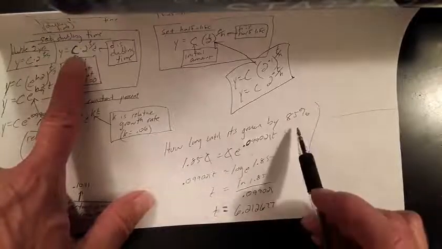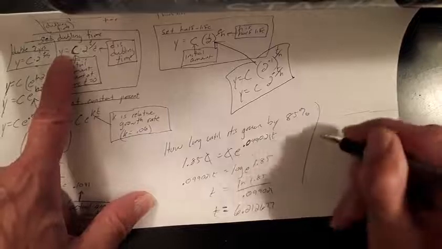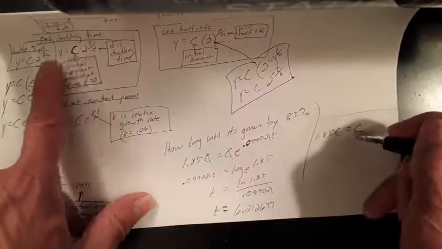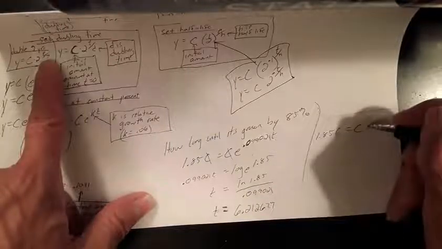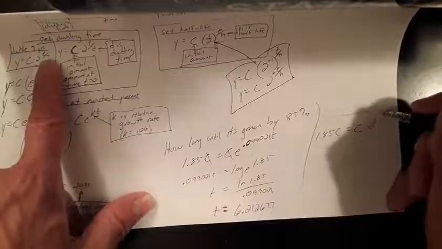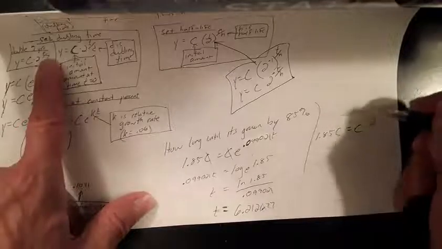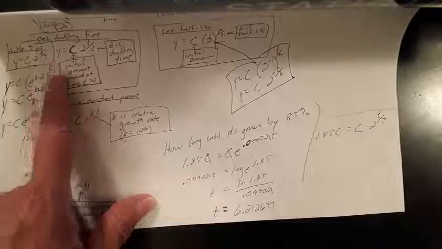How long till it grows by 85%? Well, again, y is still 1.85C equals C, but now we're using this one, which is 2 to the t over 7. Right? If you remember, it's the same exponential function. It's the same, so we better get the same number.